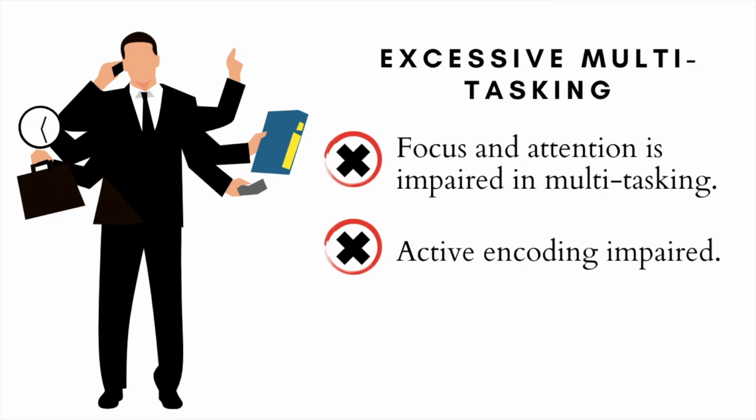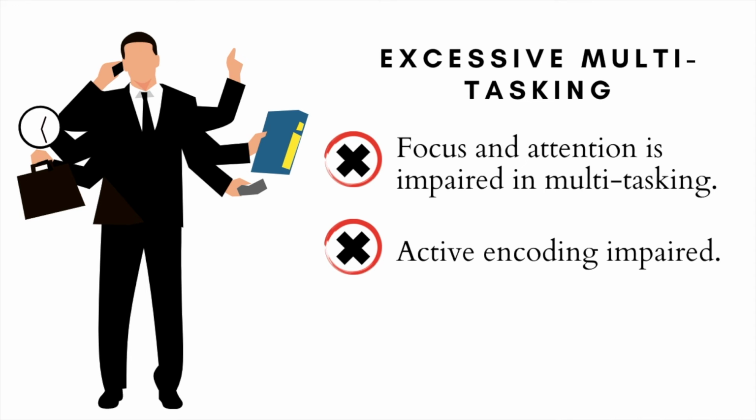Successful encoding occurs only when, as we discussed before, we have our full undivided attention on the information to be encoded. Thus, multitasking often impairs memory encoding. This is the same reason why you might forget a few items on your grocery list when you get to the store, because you might have made the list while you were searching for your car keys, while you were talking on the phone, or doing other things.